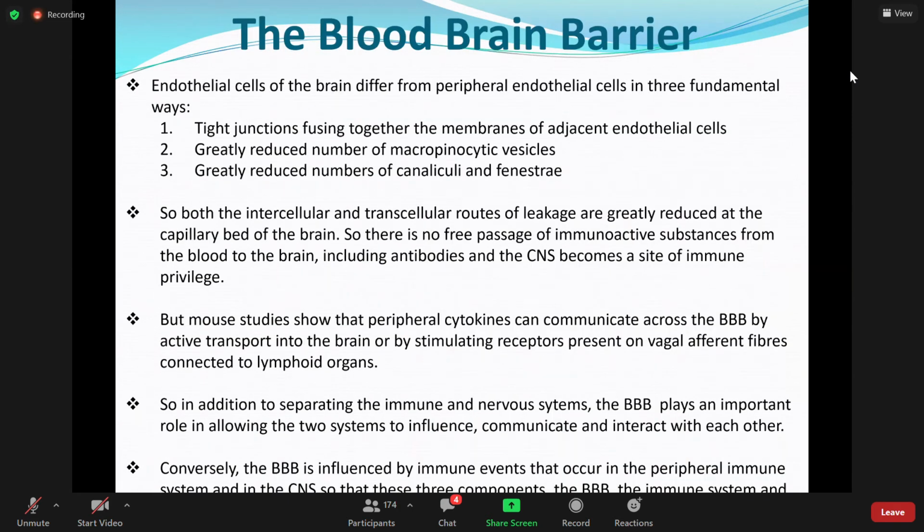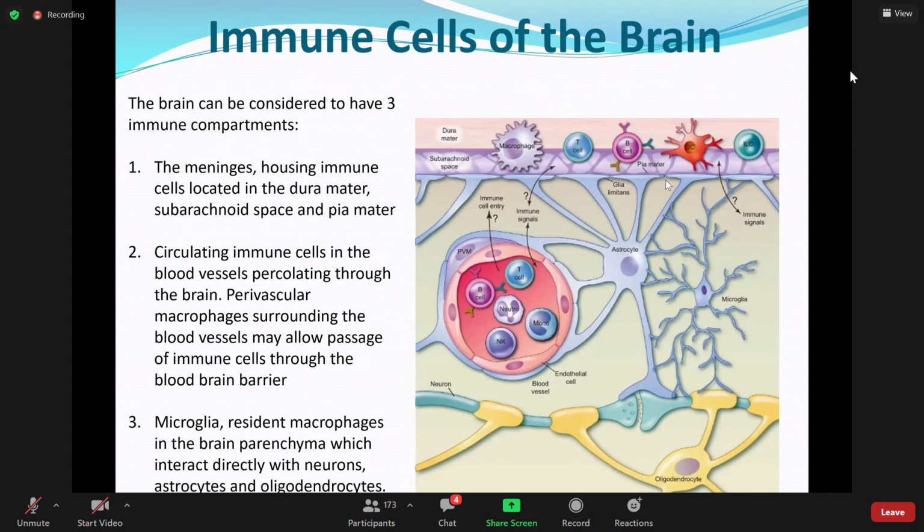The solidity of the blood-brain barrier is due to the specialized properties of the endothelial cells compared to those that make up the blood vessels in other parts of the body, such as tight junctions and a limited number of fenestrations.